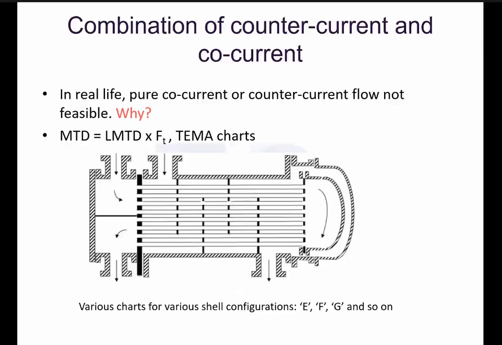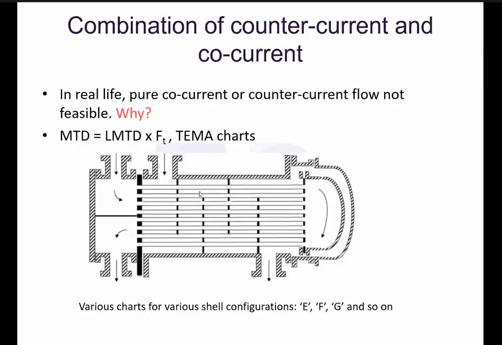I have taken this because you have already learned it. I know you have learned this, but I want to tell you that practically it is not possible. That is why we add a term called the correction factor. Why a correction factor? If you see this particular exchanger, this is called a pass partition. You can see my mouse, right? This is called a pass partition. The tube fluid, the hot fluid, I'm going to send it in the tubes.